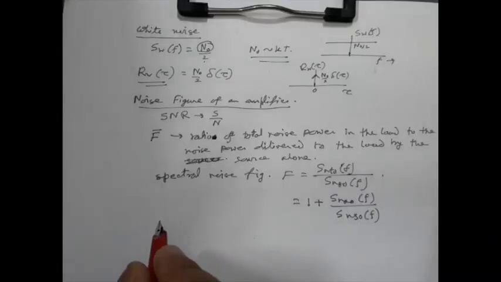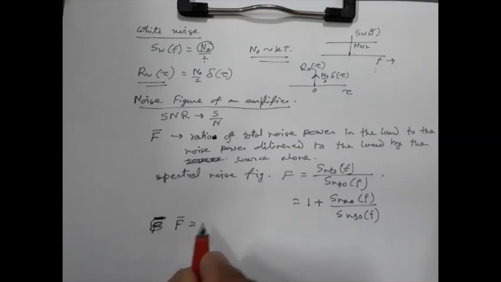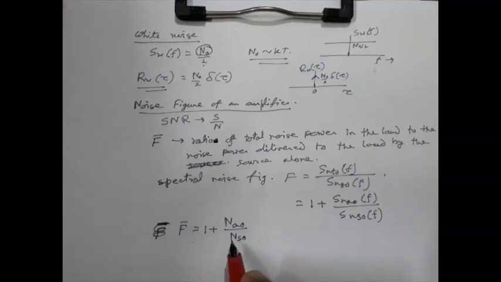The average noise figure can be written as F bar equals 1 plus NAO divided by NSO. This NAO is the noise power at the output due solely to the amplifier, and NSO, the denominator, is the noise power at the output due solely to the source noise. So this is how we can define this noise figure.